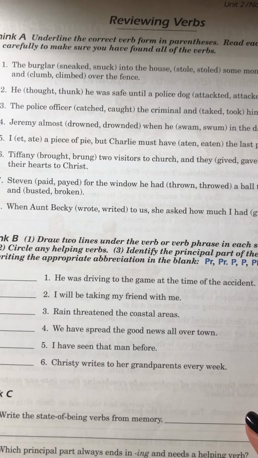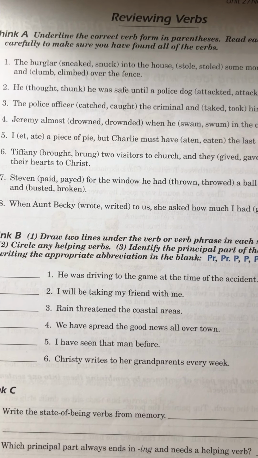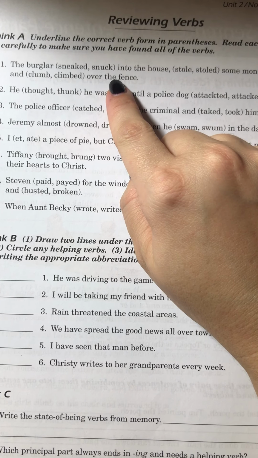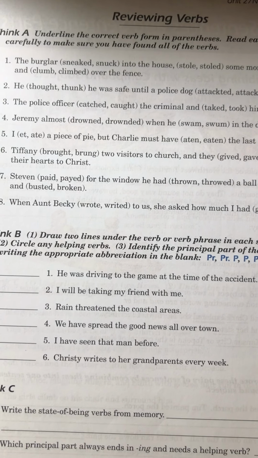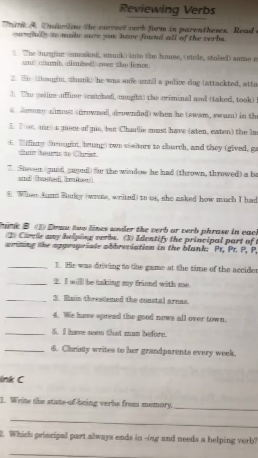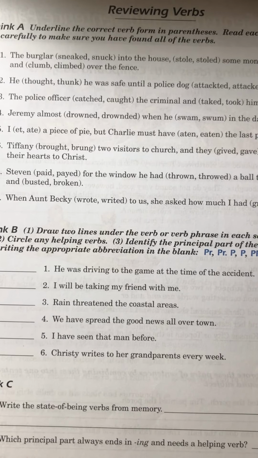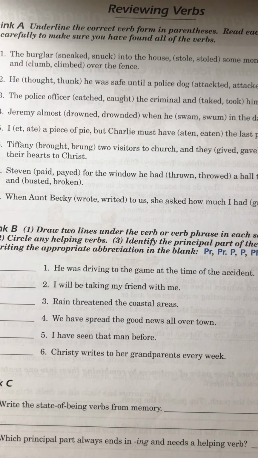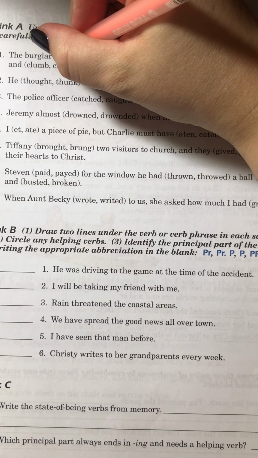So, for example, number 1 says, the burglar sneaked or snuck. Remember that funnily enough, we learned that snuck is not actually a word, even though we use it often. The past is actually sneaked. So you would underline sneaked.